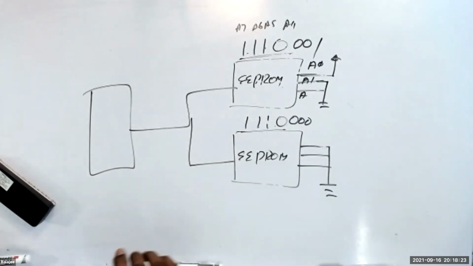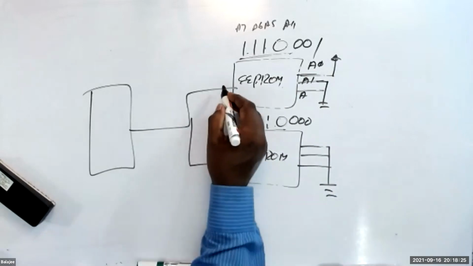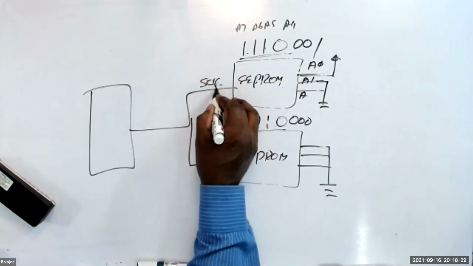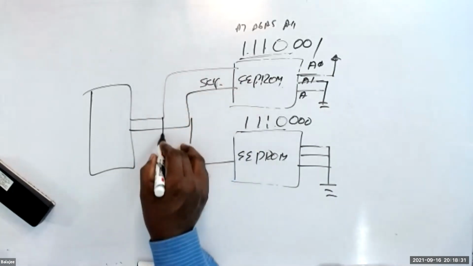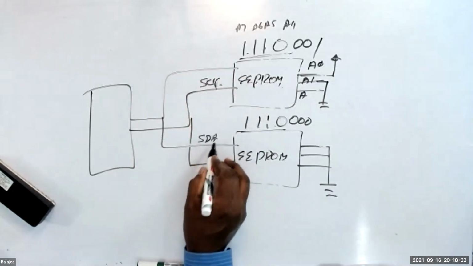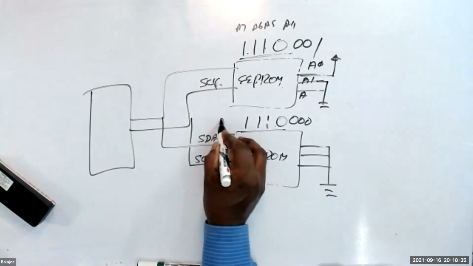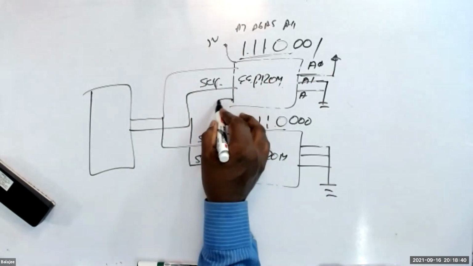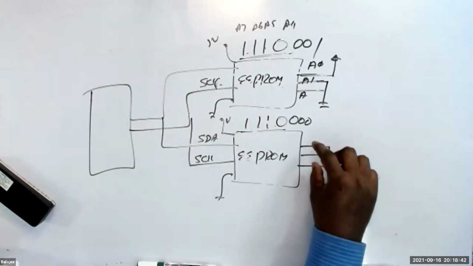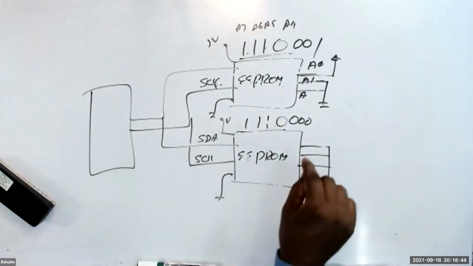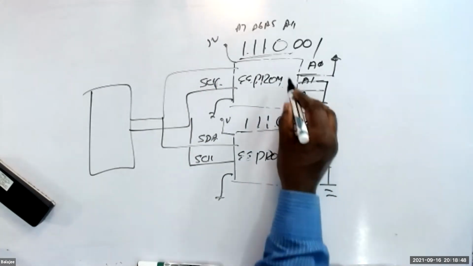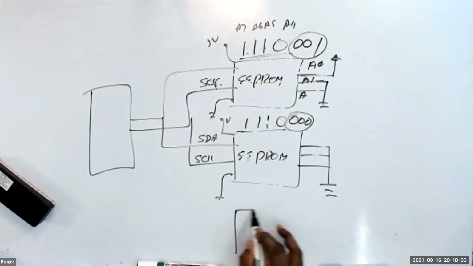What they are telling you is that apart from SCK and SDA, plus voltage, 5 volt and ground, they have given 3 more extra pins. Those 3 extra pins will help you select the device's lower 3 bits. That means I can connect one more EEPROM.